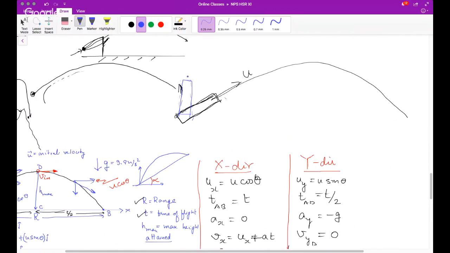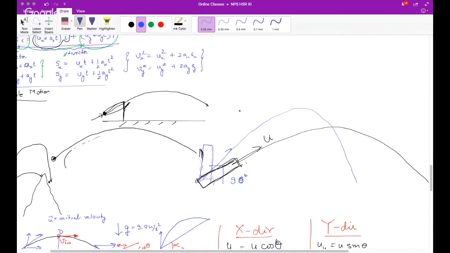In case of vertical launch, the angle with the ground is 90 degrees. If you start tilting it towards the ground, the ranges will be more. If it was shooting in this direction, it would have gone like that. So there will be multiple such cases.